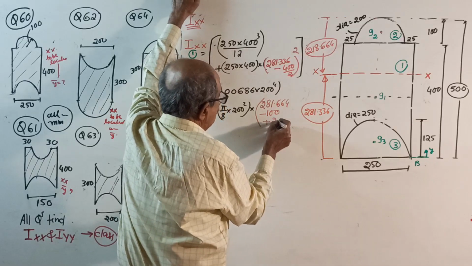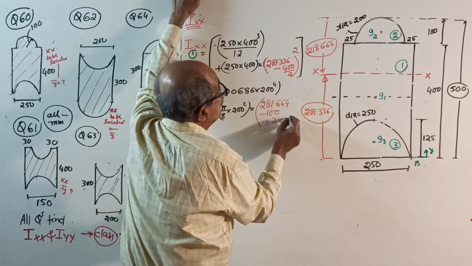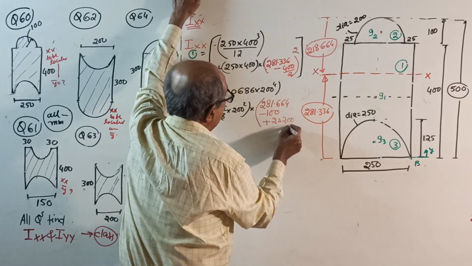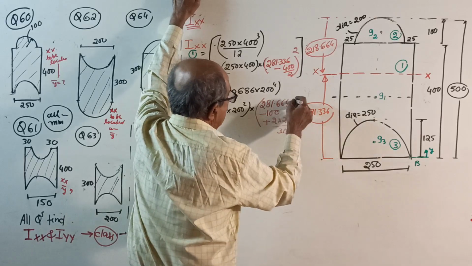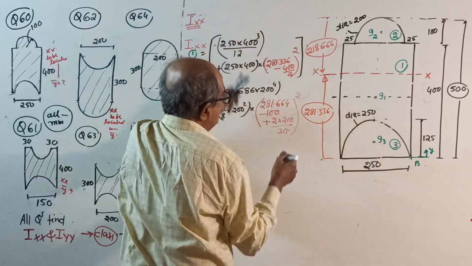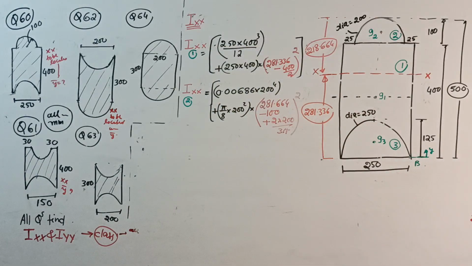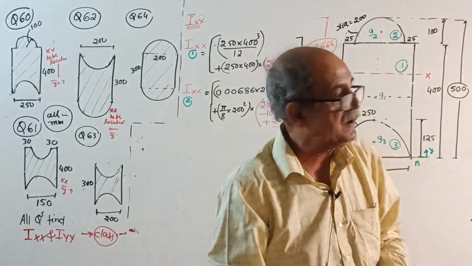I'll change the ink now. 2 into 100, not 100, sorry, 2 into 200 divided by 3 divided by pi, whole square. One minute, this is not writing properly. It has become very faded. I have to change the color or ink. I got one more pen here, let me try that one.